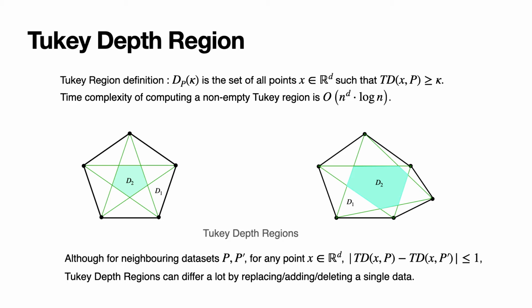You can note from those figures that, although for neighboring datasets the sensitivity of Tukey depth is at most 1, Tukey regions can differ a lot by replacing or adding or deleting a single datum. And note that the deeper the depth, the smaller the Tukey region is.